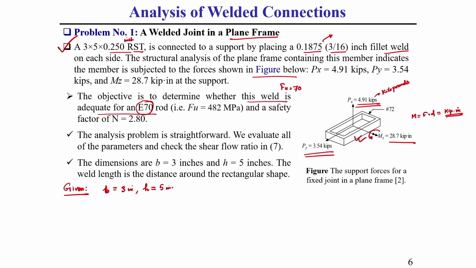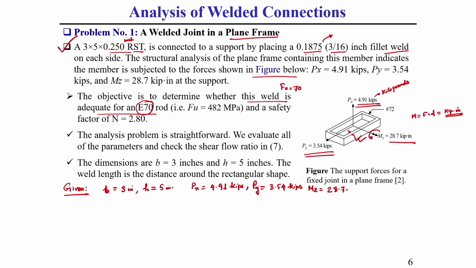Thickness means thickness of this wall plate, this you should keep in mind. Now, it has a Px value equal to 4.91 kips, Py is given as 3.54 kilo-pounds, and also given Mz is equal to 28.7. So, here what do we need to find out?